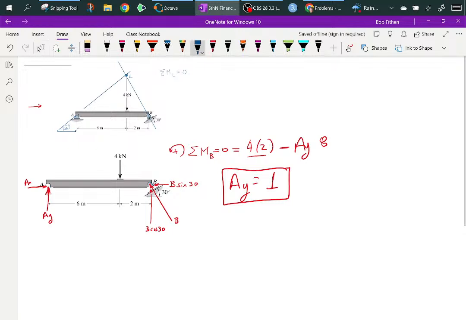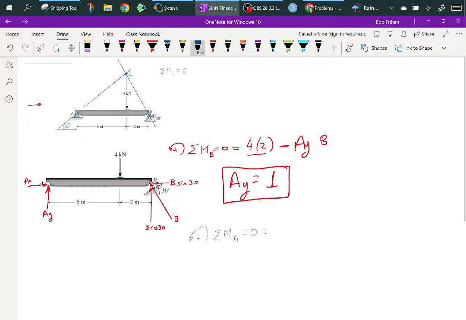Okay, so I'm going to look back at that in a minute, but right now I'm going to sum the moments about A, since I did it about B earlier. So now I'm summing the moments about A, equaling 0. This goes this way about A. So that's minus 4 times the moment arm of 6.